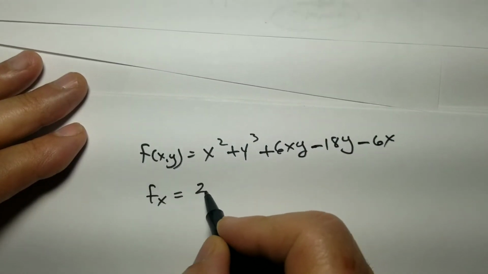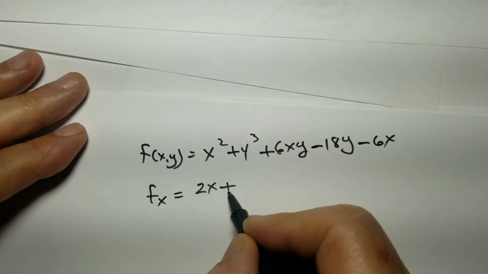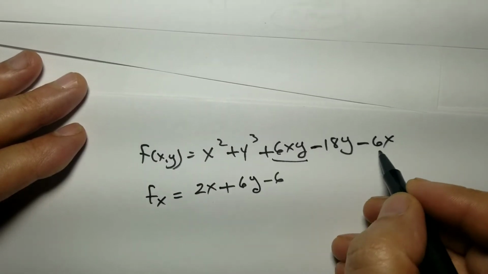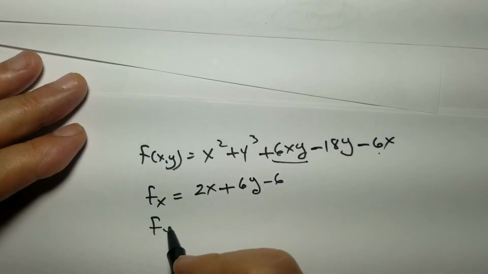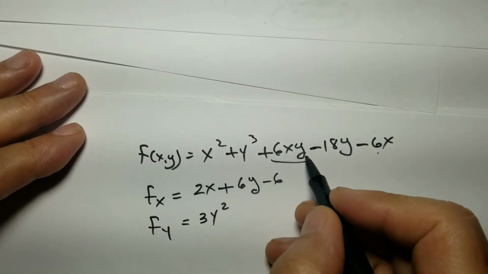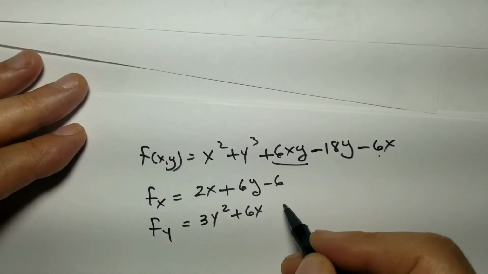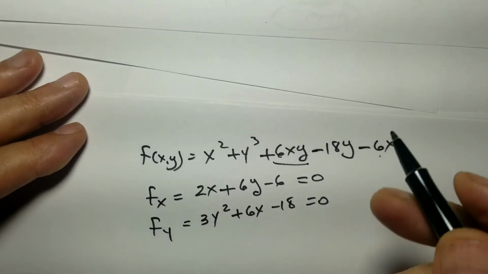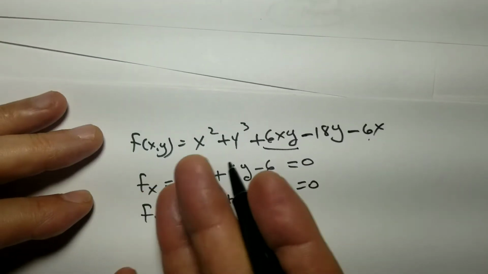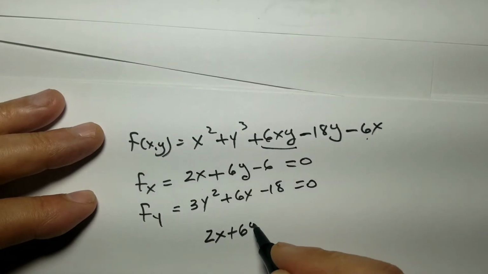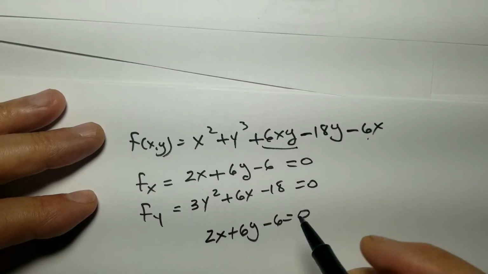Partial with respect to x is 2x plus, boom, 6y minus 6. What is partial with respect to y? 3y squared plus 6x minus 18. Set them equal to 0. See, this is x and y mixed and is not easy to solve.